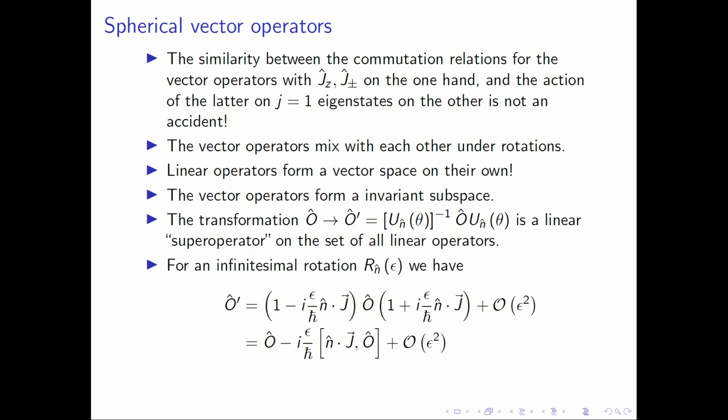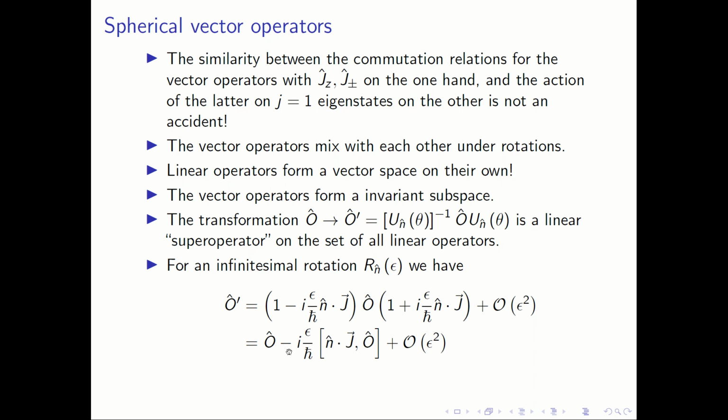Or it's even easier to figure that out from the fact that the inverse of a rotation through an angle epsilon about a particular axis must be a rotation through an angle minus epsilon about the same axis.